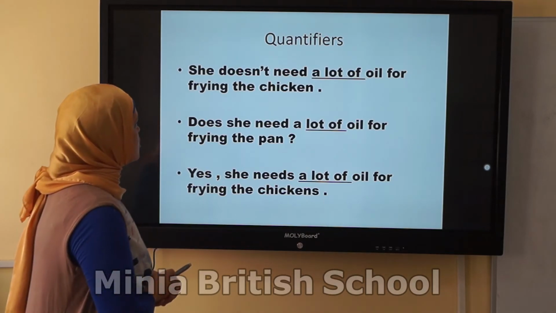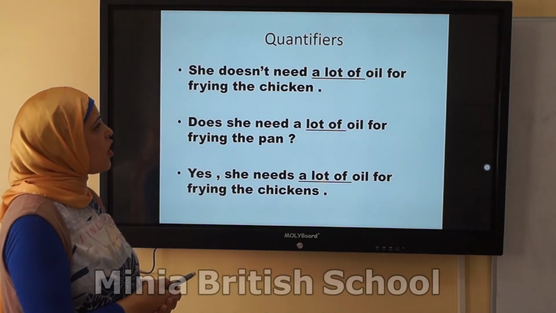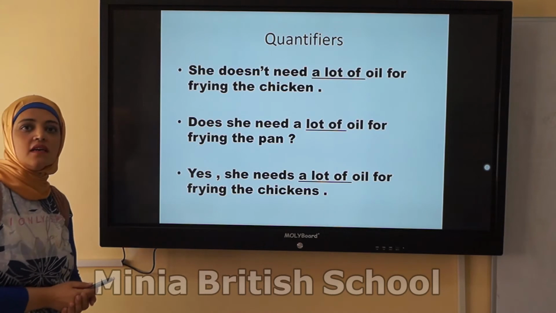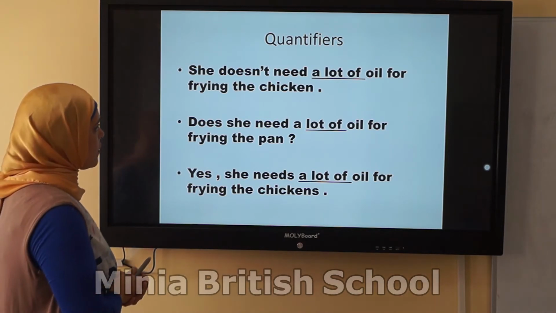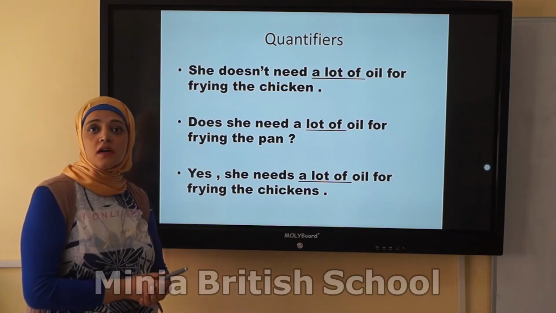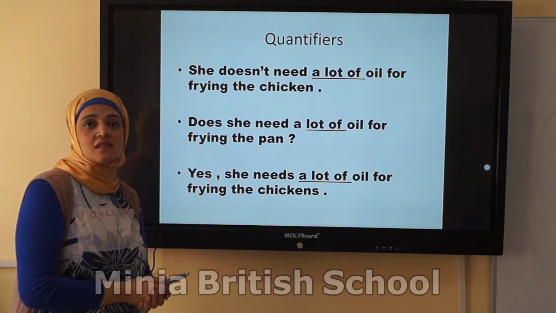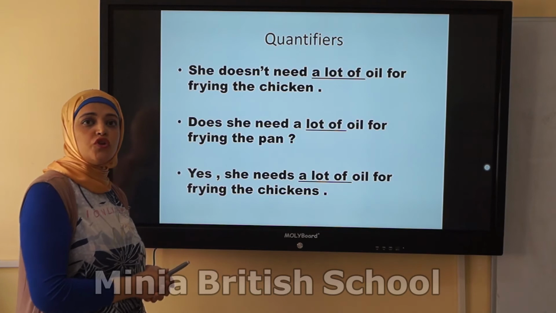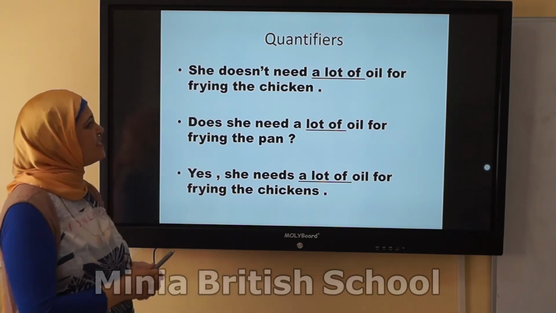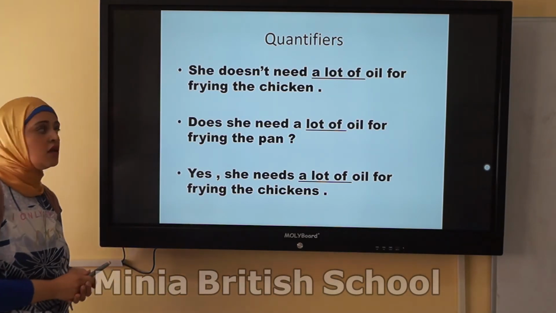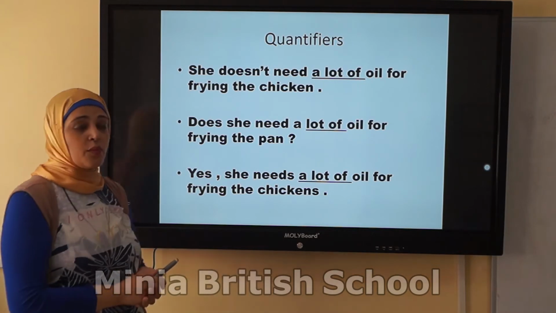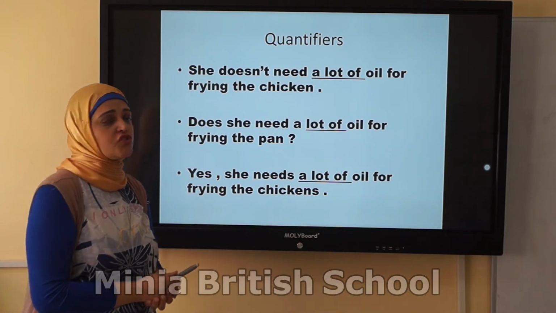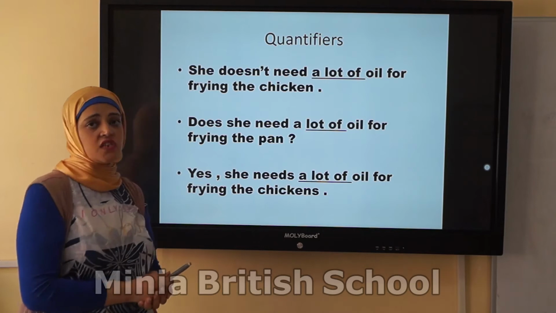Here we have: she doesn't need a lot of oil for frying chickens. Here we replaced much. In the example before, we said she doesn't need much oil for frying the chickens. But this time we use a lot of in the negative sentence.